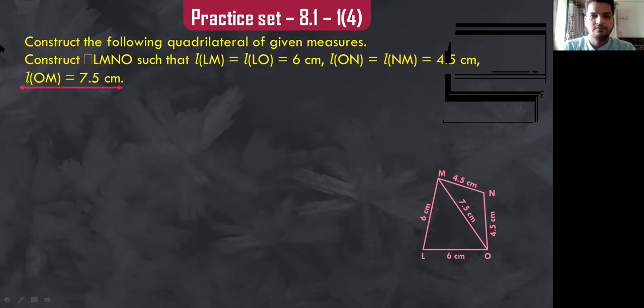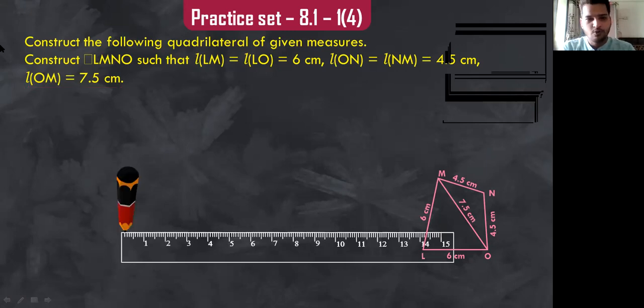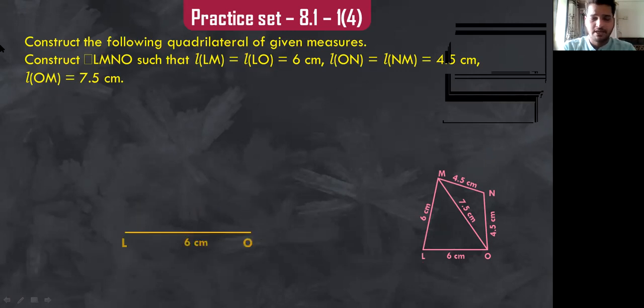So first we will draw the side LO of 6 centimeters. Mark it as L and O. We have got 2 points out of 4. 2 other points M and N, we need to plot them. So let us focus on the point M first.